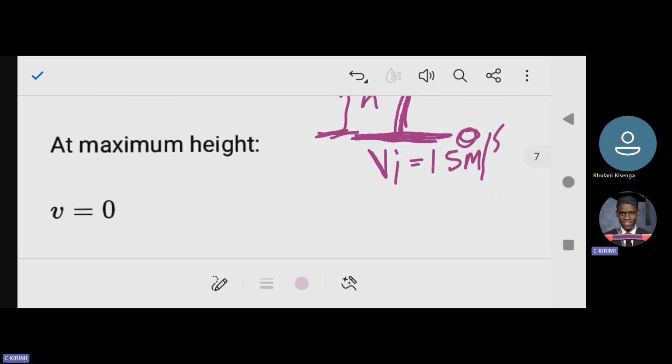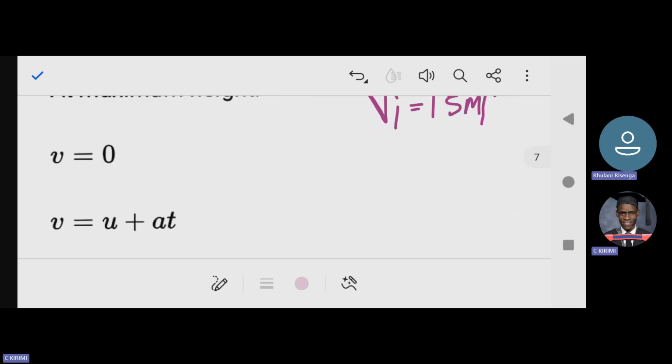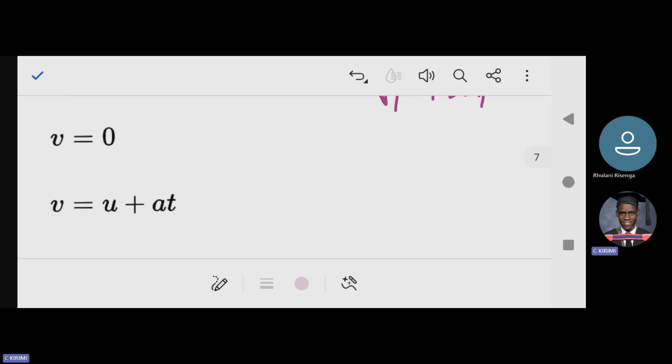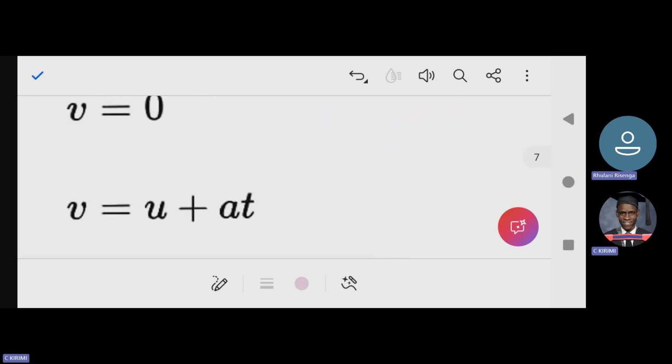So we know about the final velocity. Our final velocity VF is what? VF is 0.